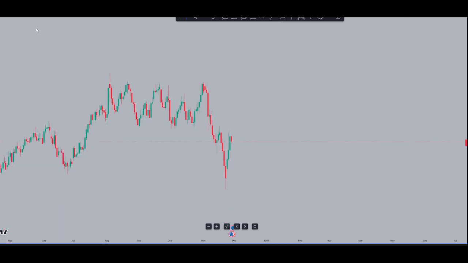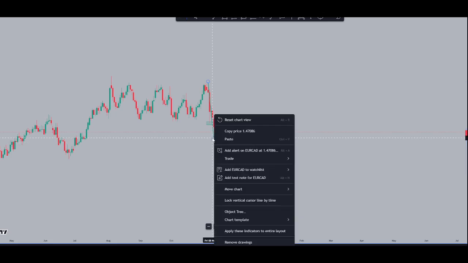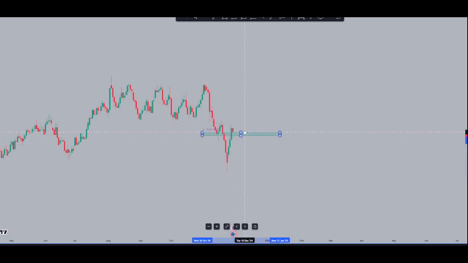Now looking at the structure on Euro card as well, the structure is still bearish, whereby this place serves as the last lower high, right? We have high, swing major low, lower high, lower low, then kind of a lower high here. But as a result of that, we are still having the formation of an inverse head and shoulder.